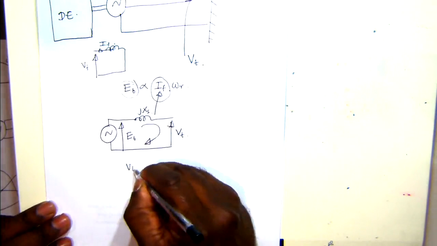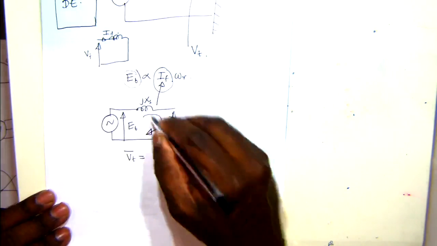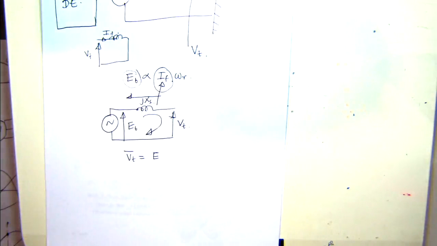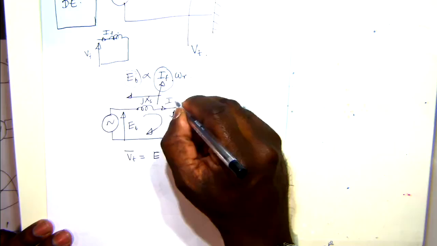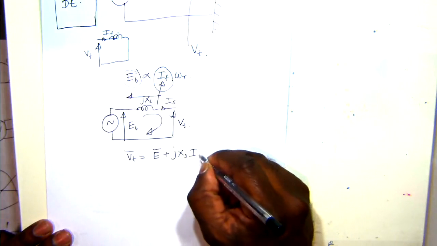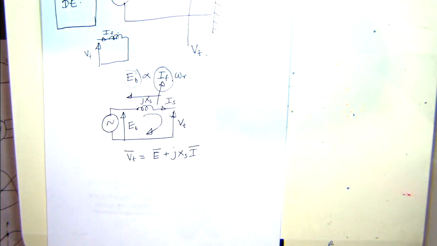Vt, that's a phasor quantity, equals E plus the voltage drop across the synchronous reactance, and the current is out of the machine, so that's Is, so that's jXS Is. That's Kirchhoff's voltage law for this equivalent circuit.